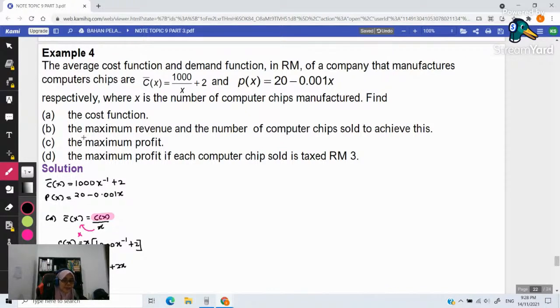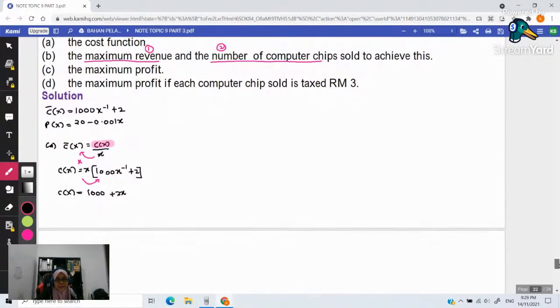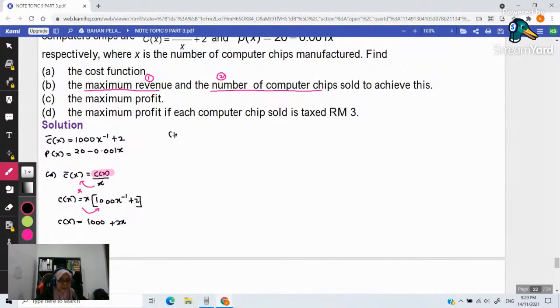For question B, we must find maximum revenue and the number of computers. So let's look at question B first. They have 2 questions, maximum revenue and number of computers. But for maximum revenue, we need to find the revenue function. Since the question only gives the average cost and price, how do we find the revenue function? Let's try. First we need to find the revenue function.